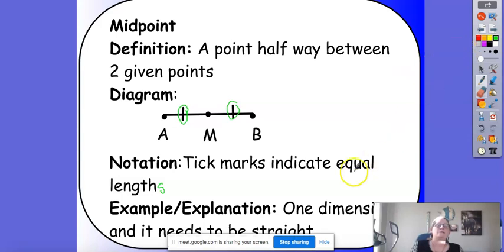Now, if I wanted to do a notation for the midpoint M, when I do a point, I could say M, but I would have to tell you it's midpoint M. There's no specific notation for midpoint M. It's just a point, so I would talk about the point M, and I would have to tell you it's a midpoint.